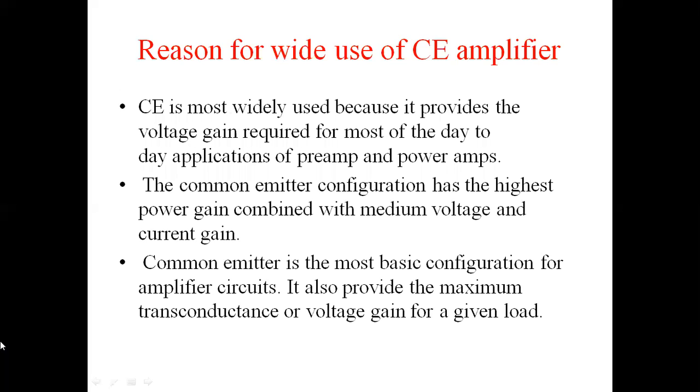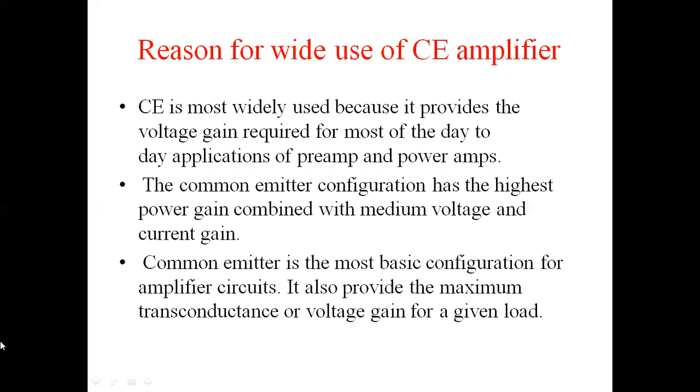Moving on to the next topic. Why is the common emitter configured transistor mostly used as an amplifier compared to common base and common collector? Why is the transistor operated in common emitter mostly used as an amplifier?